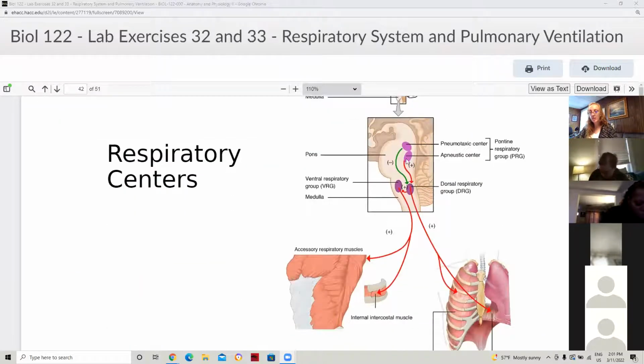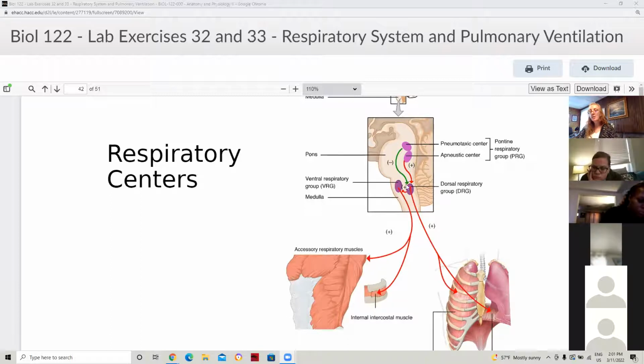So right here, here's the medulla oblongata. Here's the dorsal respiratory group. Here's the ventral respiratory group. There's the pneumotaxic center.